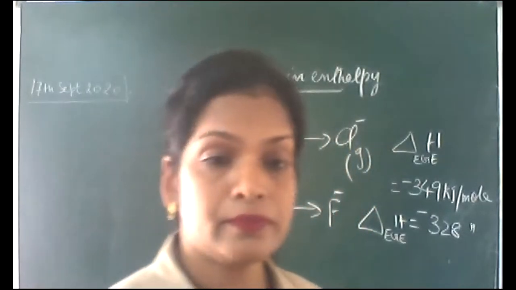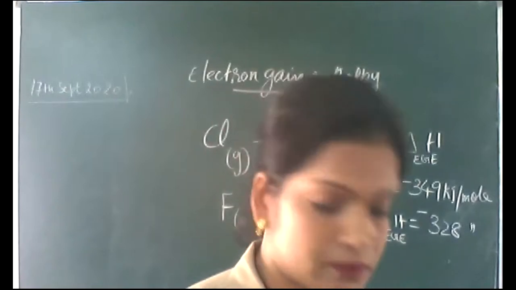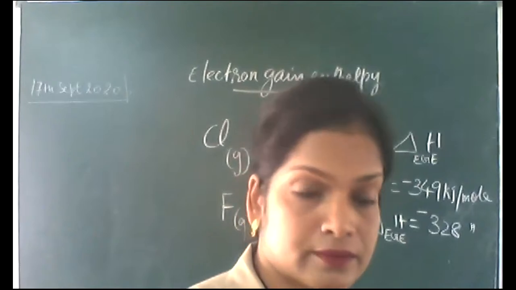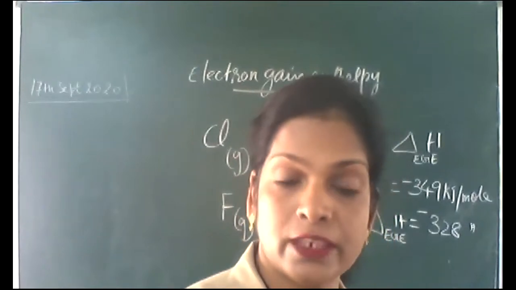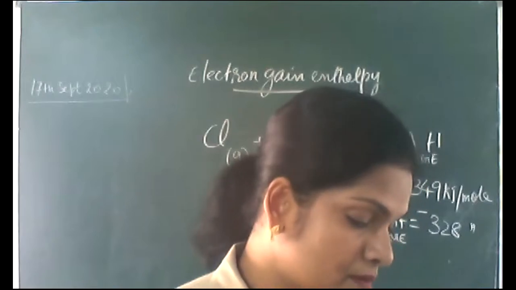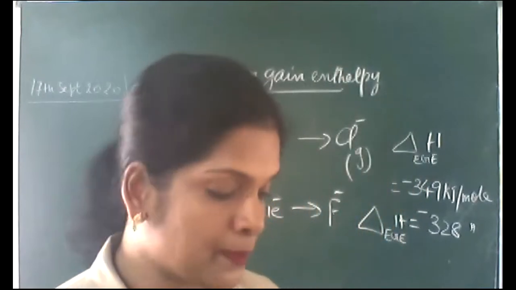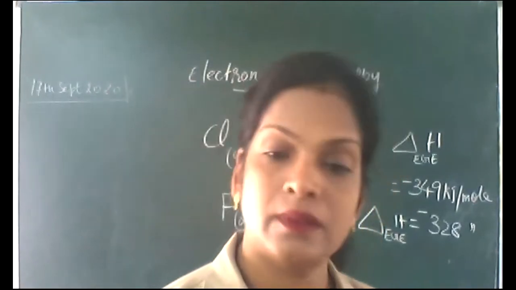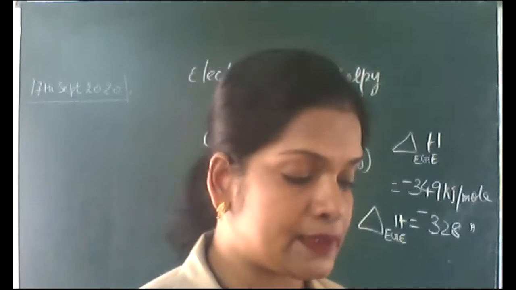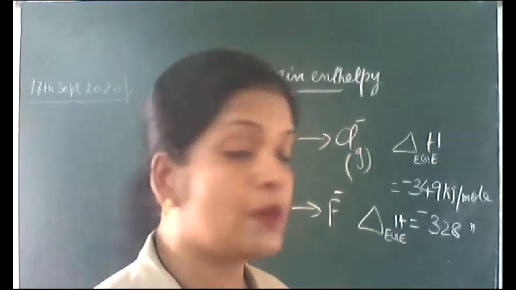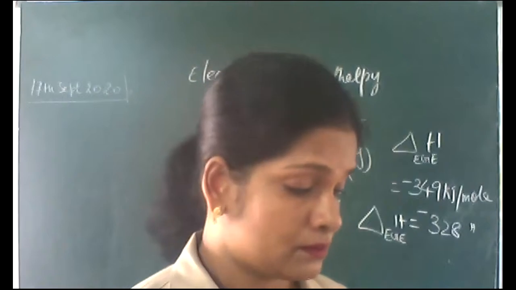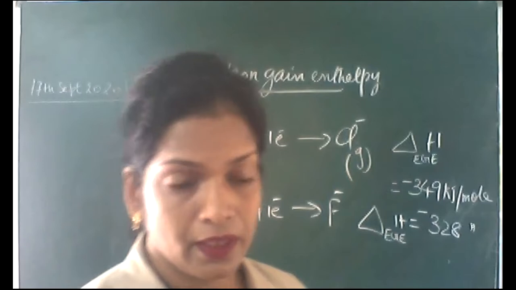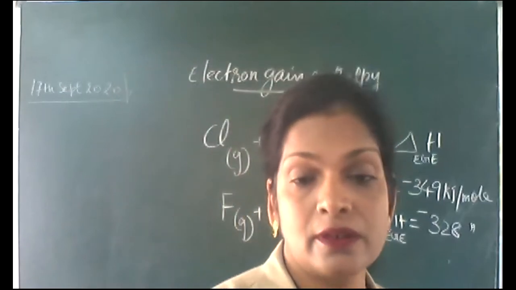Full stop. The incoming electron experiences repulsion also, not only attraction but repulsion also. Full stop. But in chlorine atom, electron density is much more diffused.